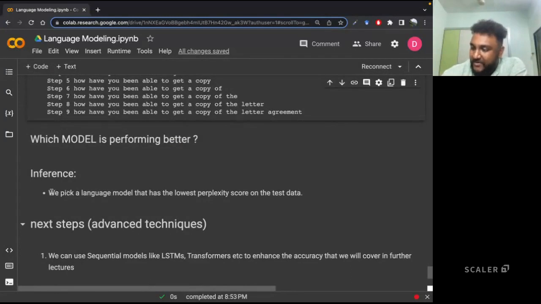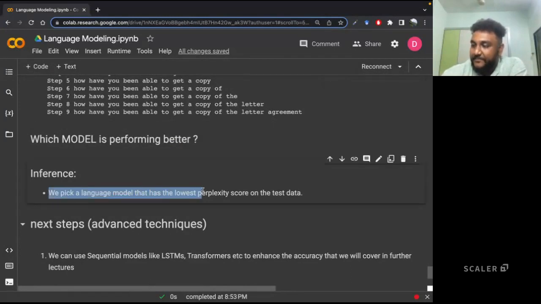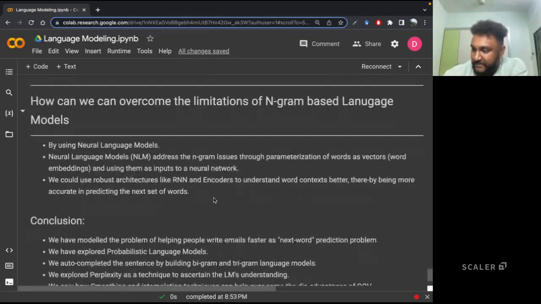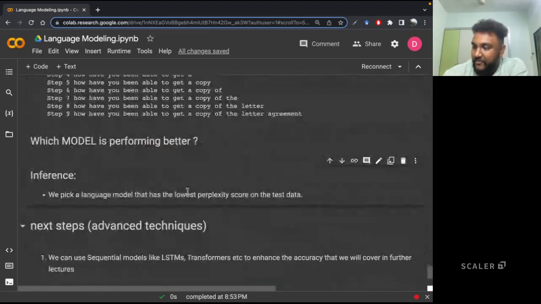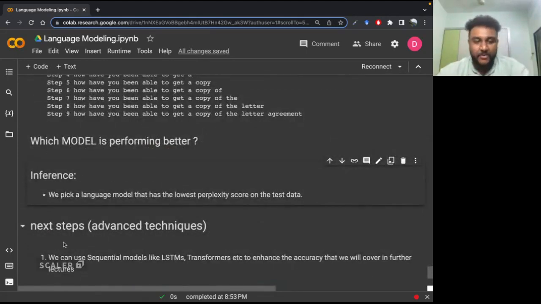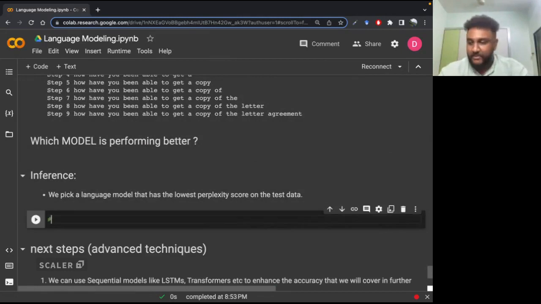At the end of the day, the way to judge the best model is to compute the lowest perplexity score on the data. We have not written code to do this. Maybe we can talk about it a little later. Or what I could request you to do is write a function here, add a code block here. Let me note this down.